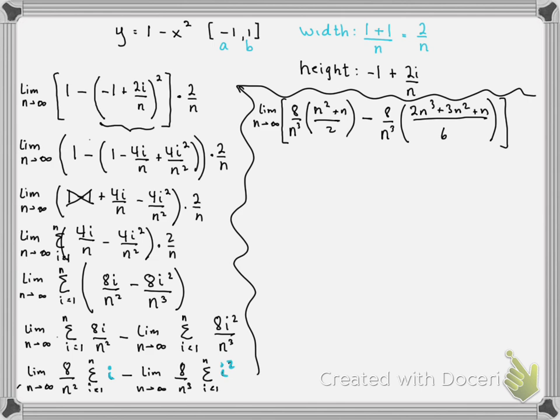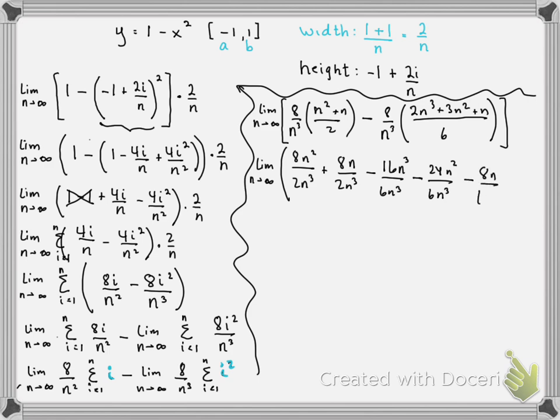Okay, now comes the distribution. Okay, we're going to have 8n squared over 2n cubed plus 8n over 2n cubed minus 16n cubed over 6n cubed minus 24n squared over 6n cubed minus 8n over 6n cubed.